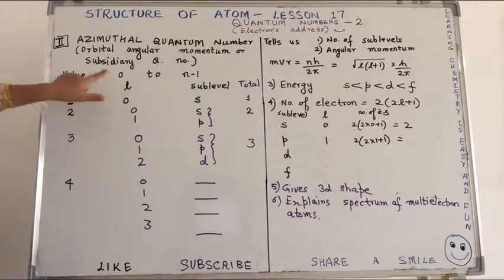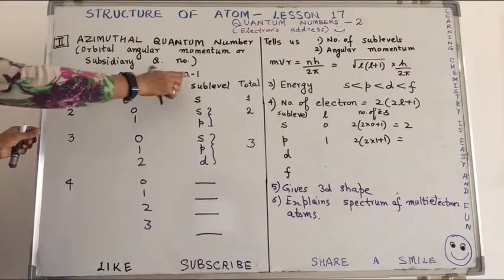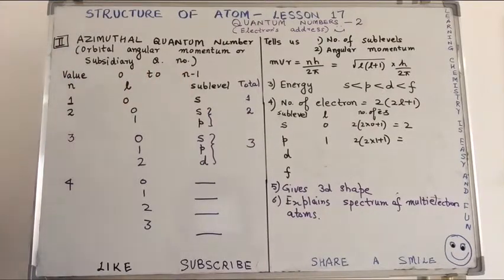Its value is defined by the value of n. That means if n is 1, what are the possible values of L? The value of L can be from 0 to n minus 1 for that particular shell or energy level.